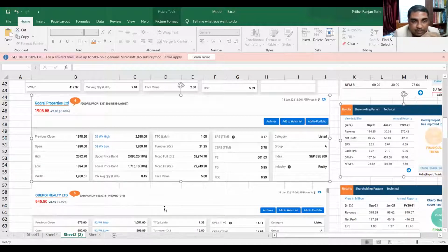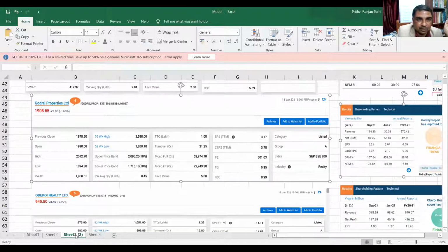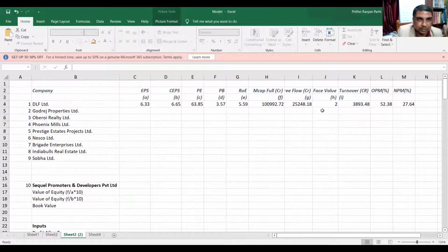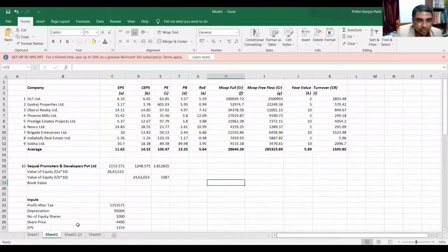Okay. Now tell me which data we need first of all. EPS, CEPS. Please tell me this data I'm showing you here.